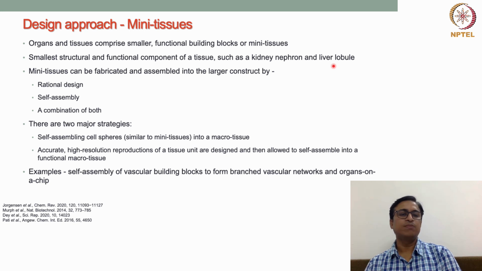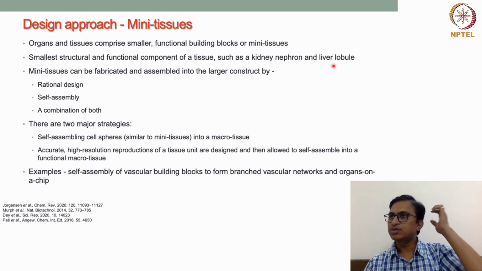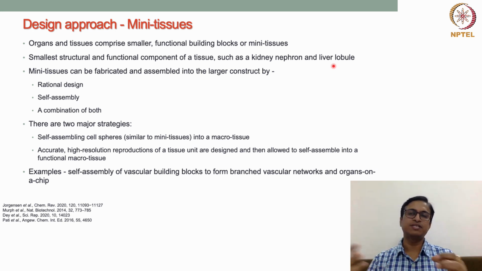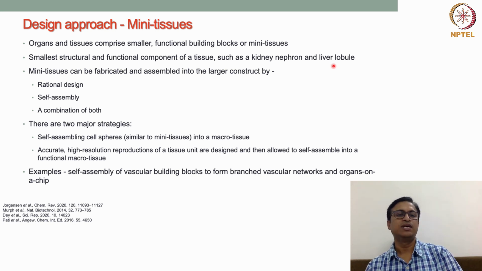In certain cases, a combination of both can be used: rational designing of the tissue building blocks, and also connecting these tissue blocks or self-assembling the cells together to develop the small tissue blocks. Any of these approaches can be used for developing these mini tissues, and that can be used to develop the whole functional tissue.